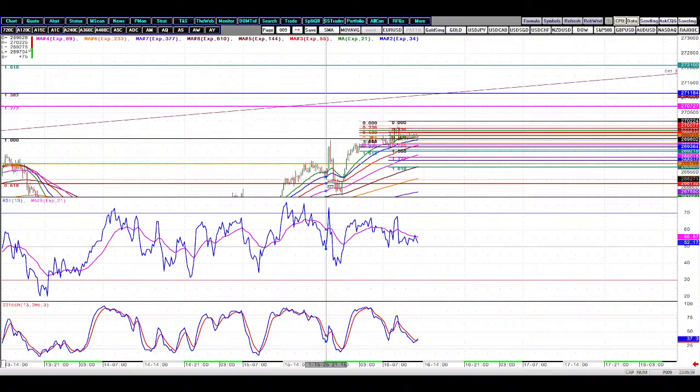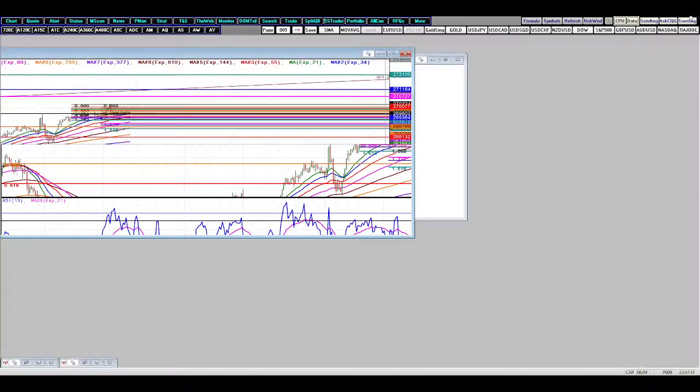So how can we trade? We can buy and hold, expect the high to break, or then we can go for one more buy at 2686. Okay, let me check.